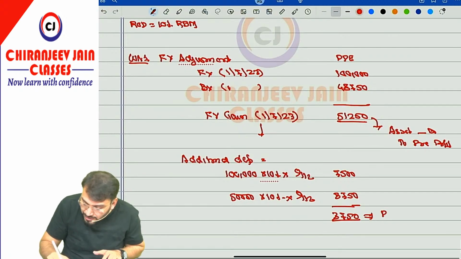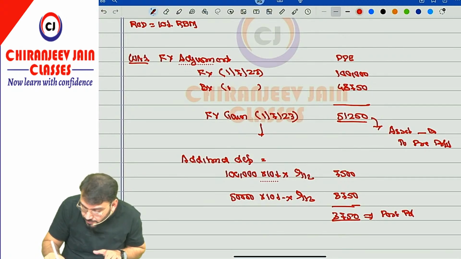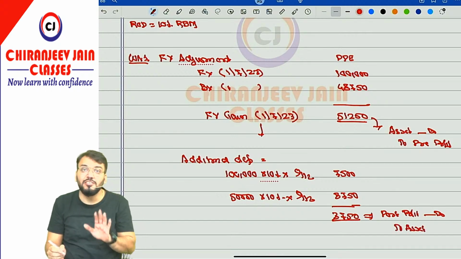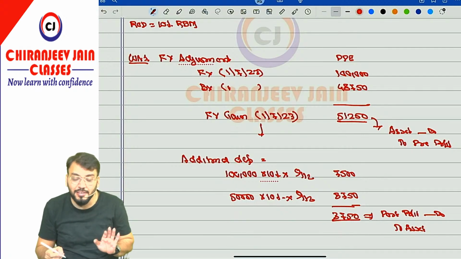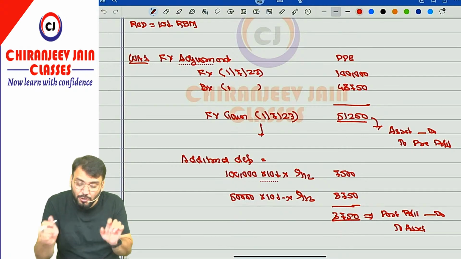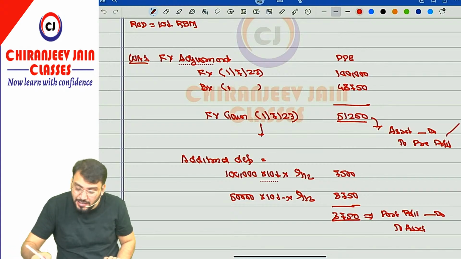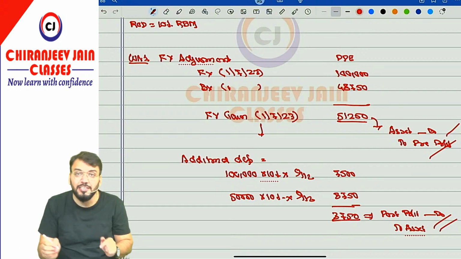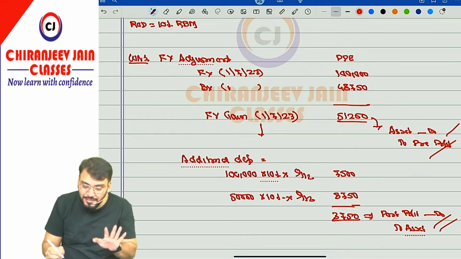So we'll pass one journal entry, post-profit will decrease to asset. Asset will also decrease by this amount of depreciation. Correct. Means can I say if you are preparing AOP, this can be added to pre and this can be deducted from post. Got this point? Yes, sir.